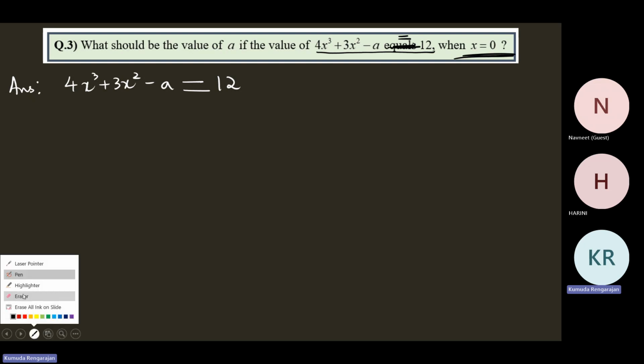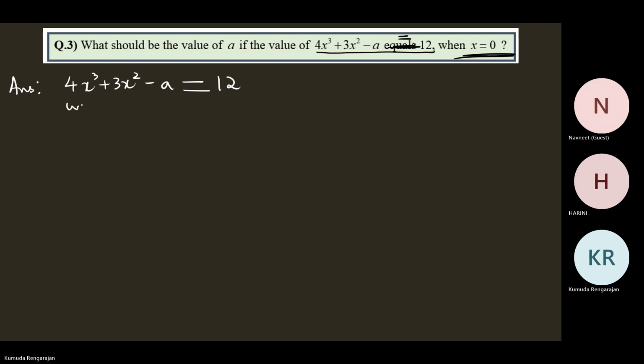So when x is equal to 0, what is 4x cubed? 4x cubed means 4 into x cubed. If there is no sign in the middle, it is multiplication.